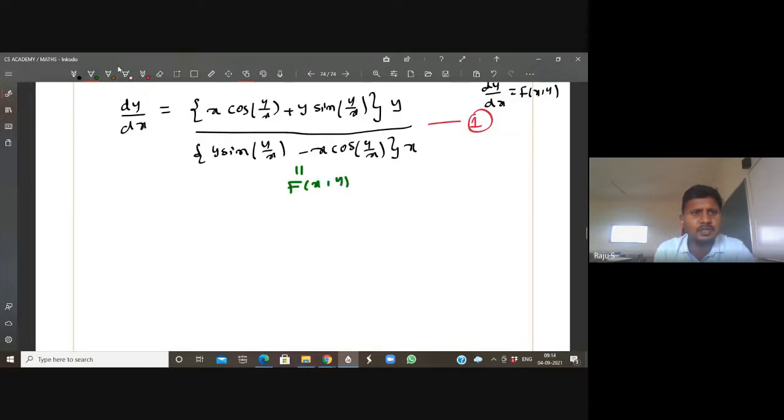We have to check whether the given function is a homogeneous function or not by finding f(λx, λy).